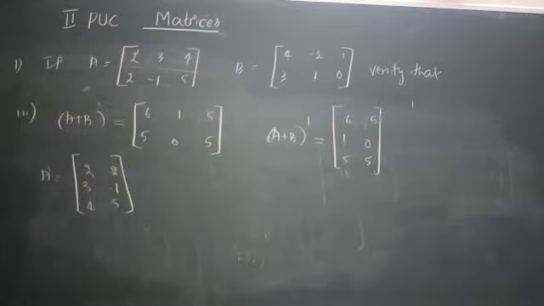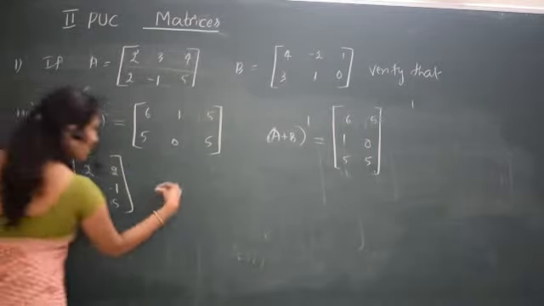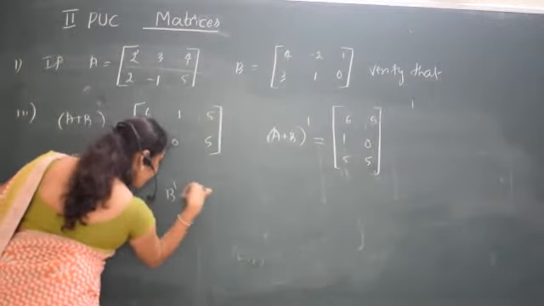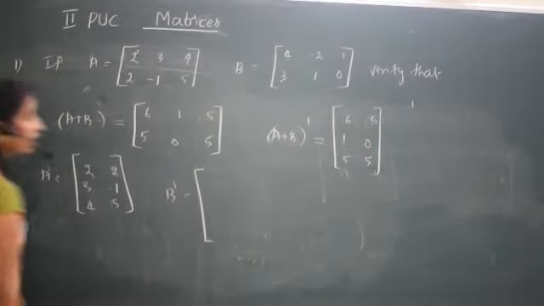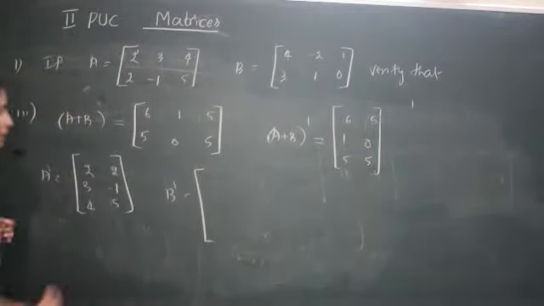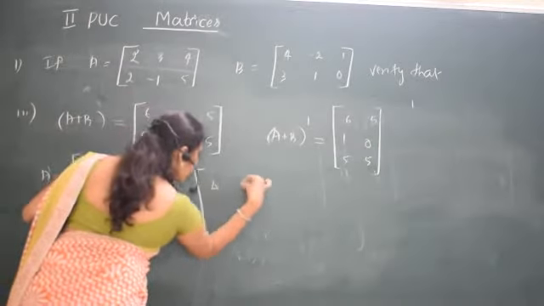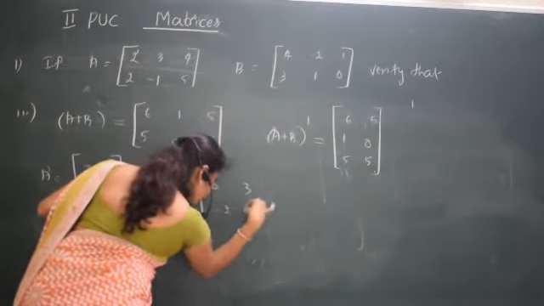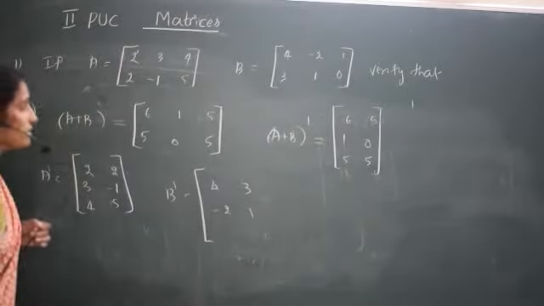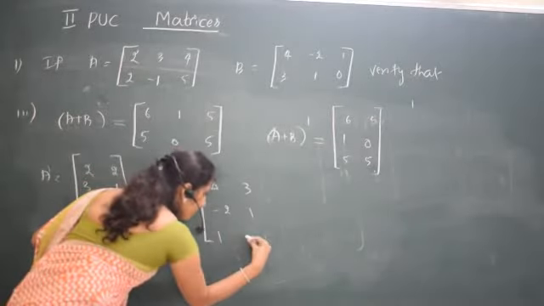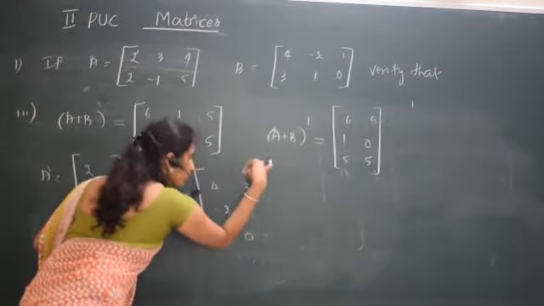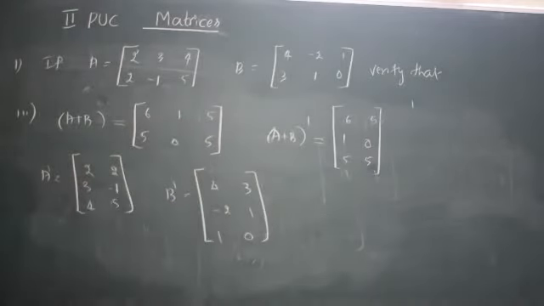This is A transpose. Next, B transpose is equal to 4, 3, minus 2, 1, then 1, 0. So we have calculated A transpose and B transpose.